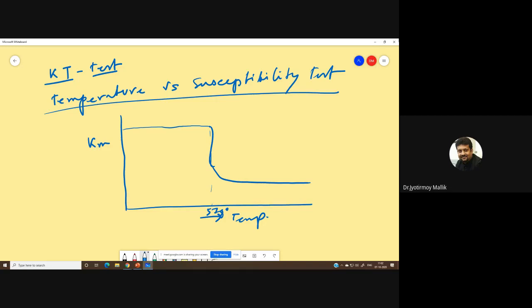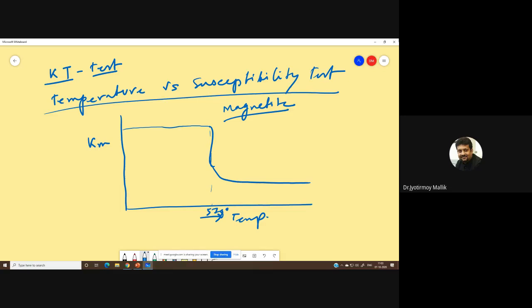So if such a sharp drop happens at 578 degrees centigrade, I say that the rock or sample has magnetite, because after the Curie temperature its magnetization is lost.